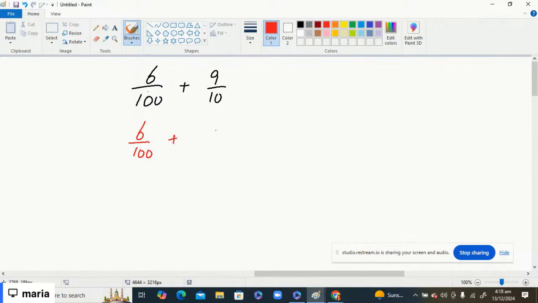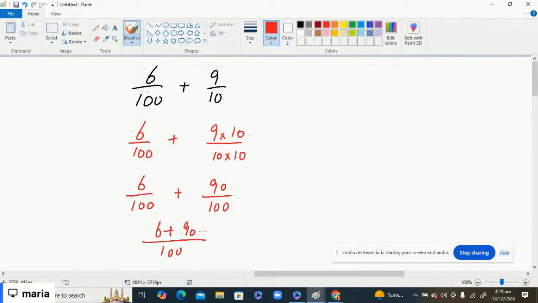Now using this 9 by 10, multiply with 10 and divide with 10. 9 times 10 is 90, 10 times 10 is 100. Putting 100 here, 6 plus 90 gives 96 over 100. This is the way that you need to do it in this question.